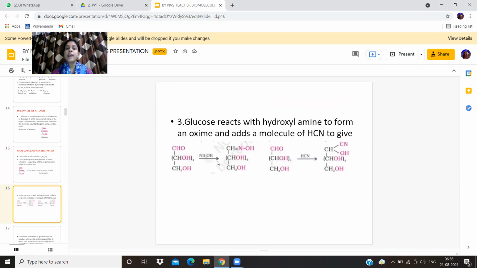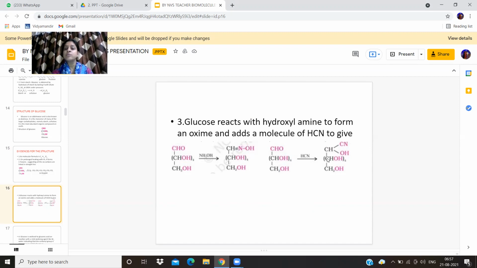When it reacts with hydroxylamine, NH2OH, then it forms an oxime, as you can see here in the figure, CH double bond NOH. देखिए बेटे, जो CHO बॉन्ड है वो टूटा और वहां पर C डबल बॉन्ड O की जगह C डबल बॉन्ड NOH लगा, and the rest of the structure will remain the same.